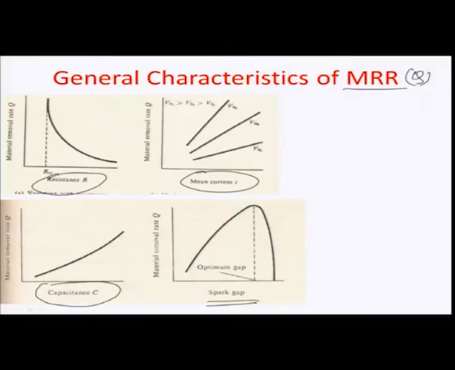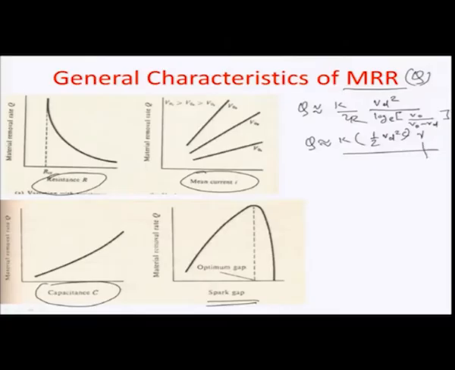So, as we already know, the equation for material removal rate had been earlier defined as proportional to Vd square divided by log to the base e of V0 by (V0 minus Vd), and Q was found as k times half C Vd square times nu, where nu is the frequency of generation of the spark.